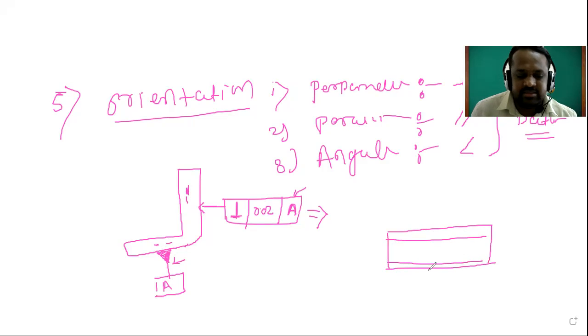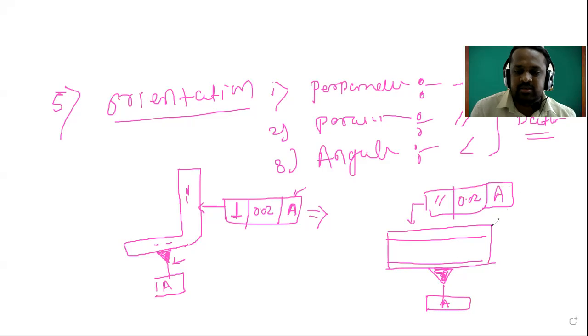If they have given it like this, what is the symbol for parallelism? So this is the symbol. Yes, please read this.